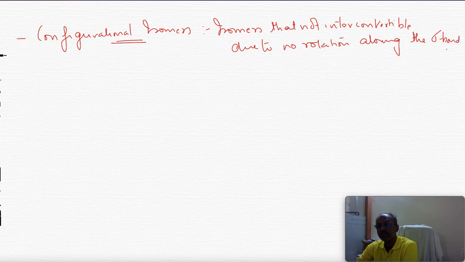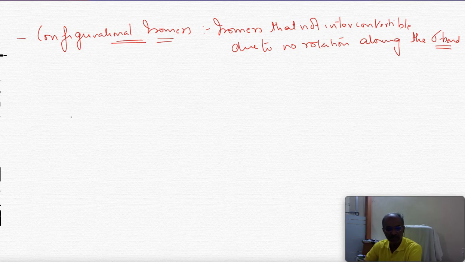Since there is no rotation along the sigma bond, there is no formation of any interconvertible isomers. So then why is it known as isomers? See, one thing is sure, it is the arrangement of these atoms in space, no doubt about it.